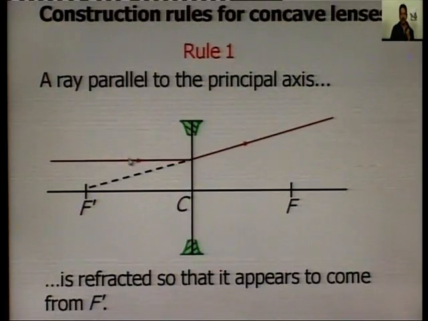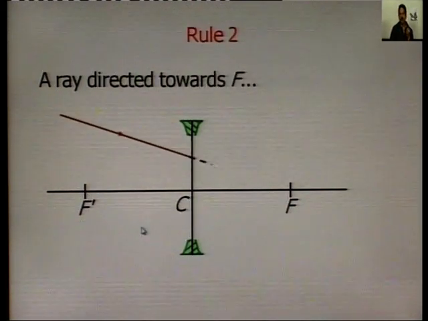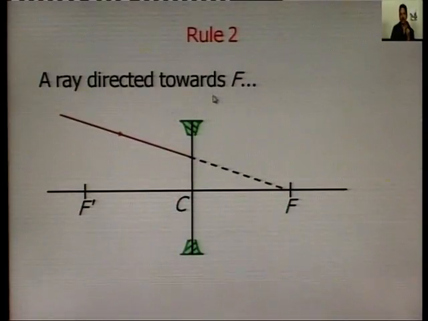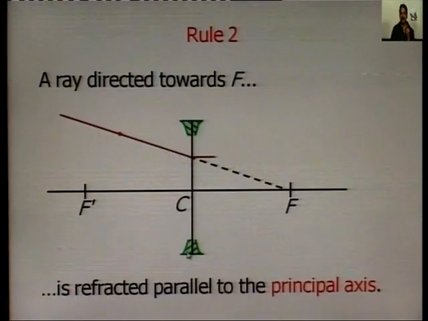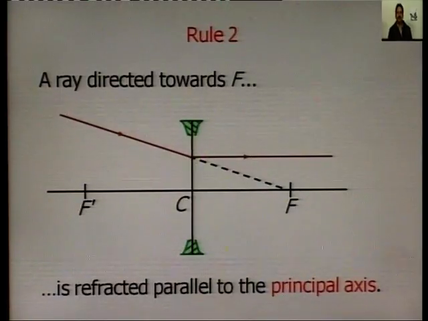So, this ray after refraction is deflected so that it appears to be coming from the focal point of the lens. Rule 2, a ray of light directed towards the focal point of the lens, after refraction through the lens, will be rendered parallel to the principal axis of the lens. So, this is rule 2.